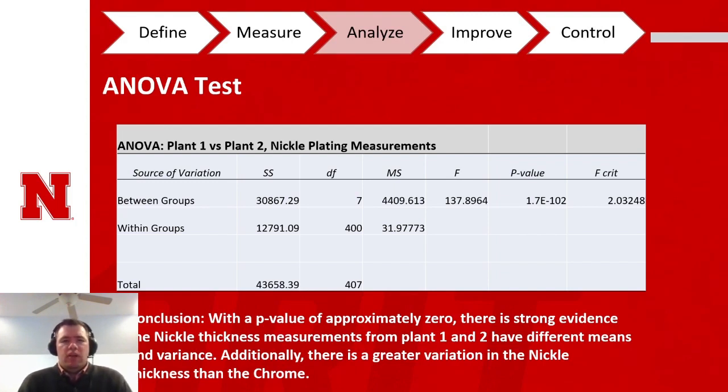But from our ANOVA, we have indication that there is variation plant to plant that can't be explained by normal variation, and also there's slight variation we could look into between nickel and chrome. So I'll hand it over to Kate to continue our presentation and come up with some of the improvements and recommendations. On to you, Kate.